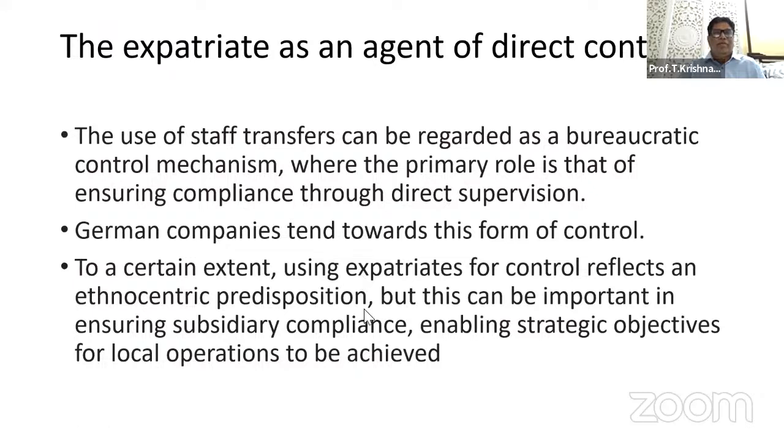Now we shall discuss some of these things. The expatriate as an agent of direct control.